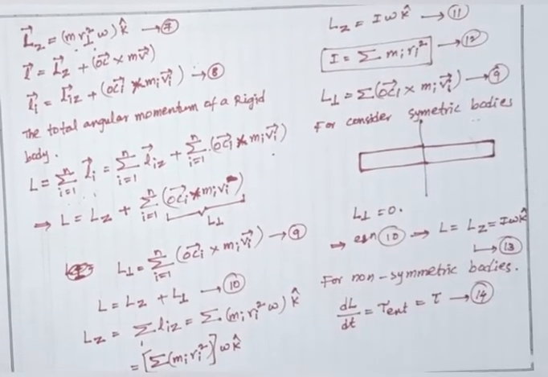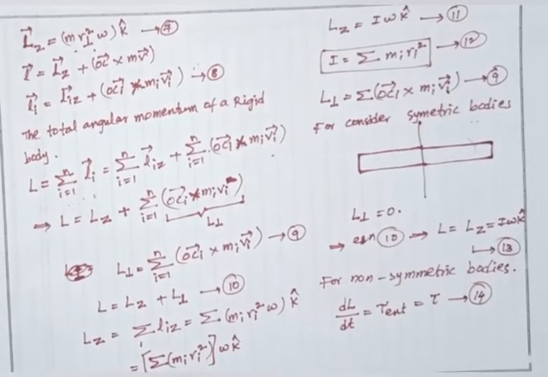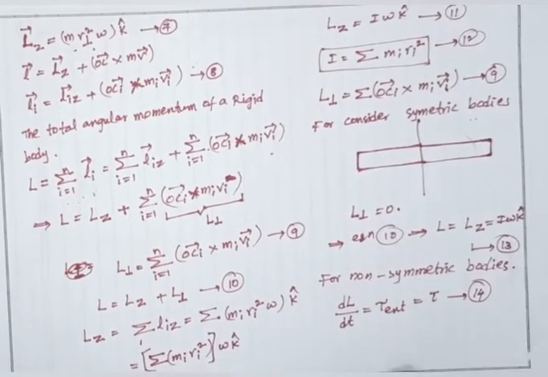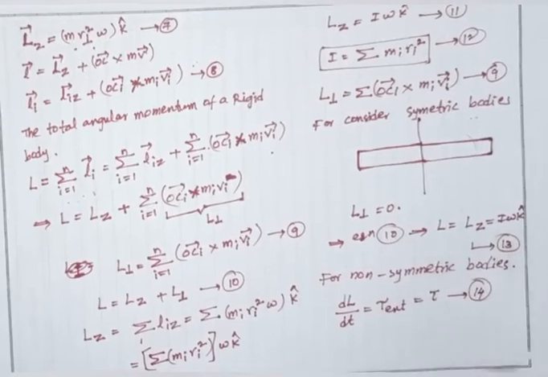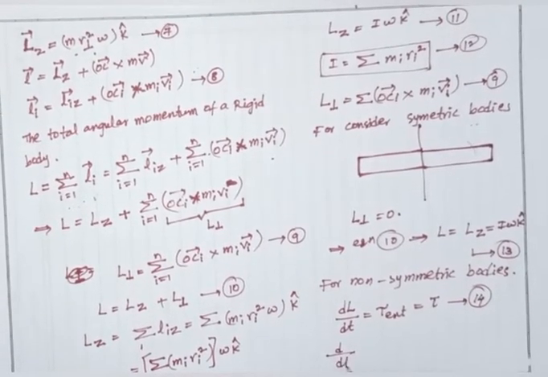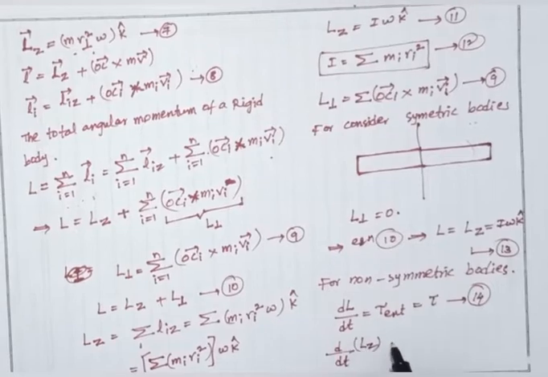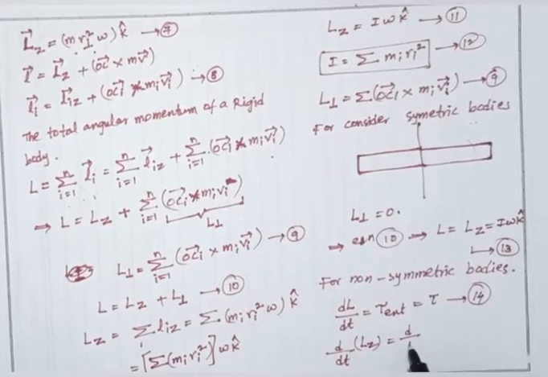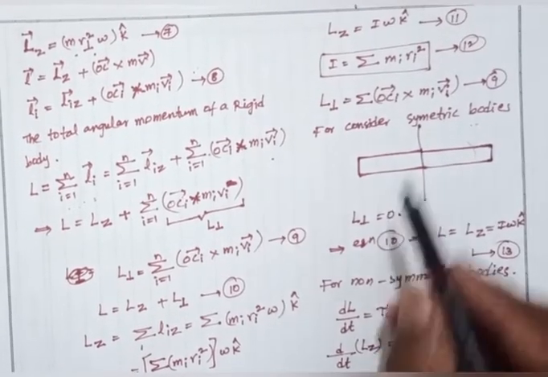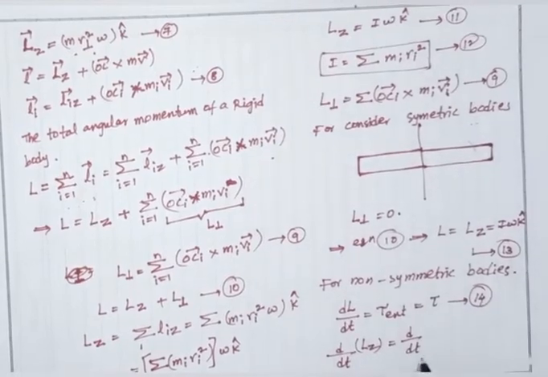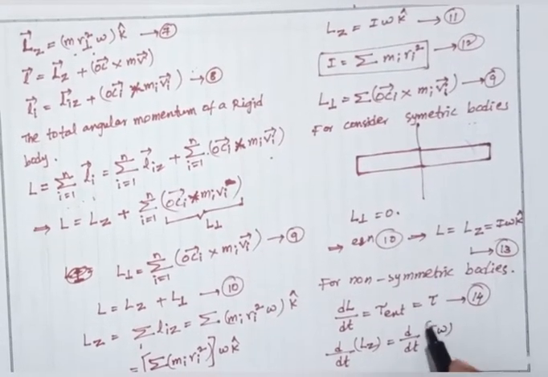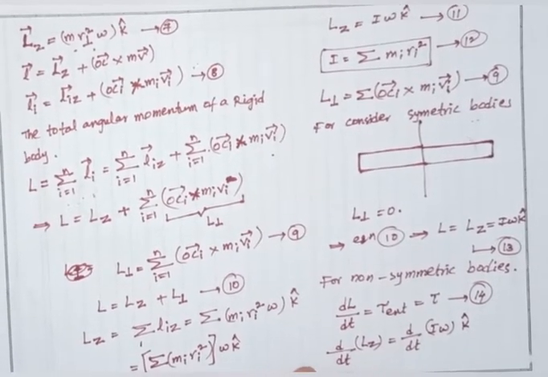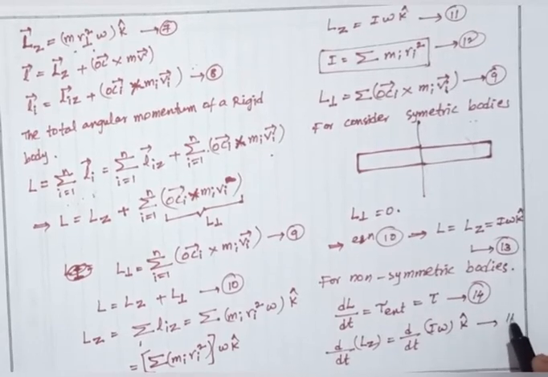For non-symmetric bodies, from this equation we consider L equals Lz, so d by dt of Lz. What is Lz? From equation number 11, Lz equals I omega k cap.